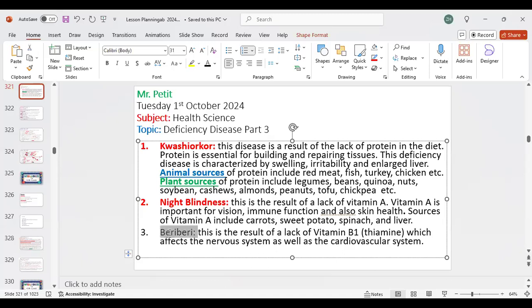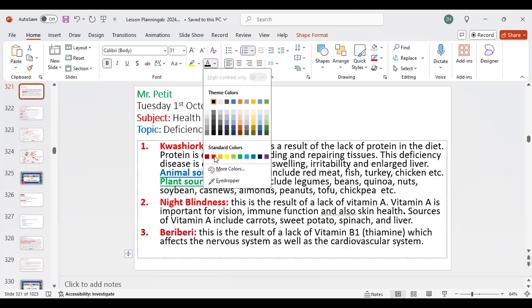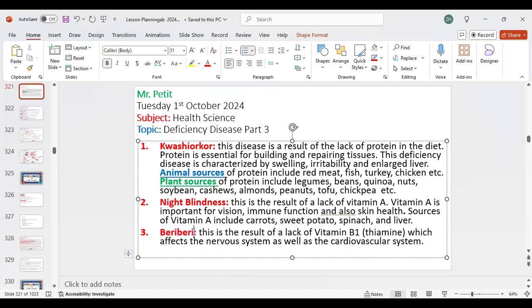So when you have beriberi, your nervous system is impacted. Let me just show you a picture of someone who has it. You can see right now.